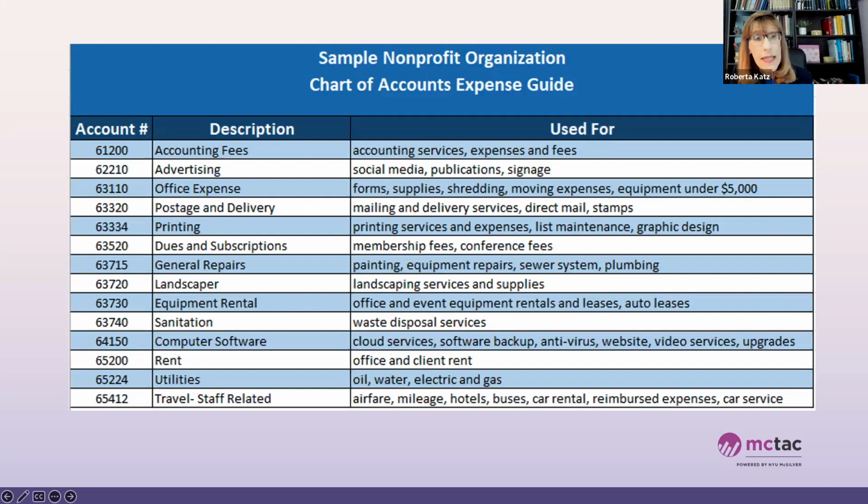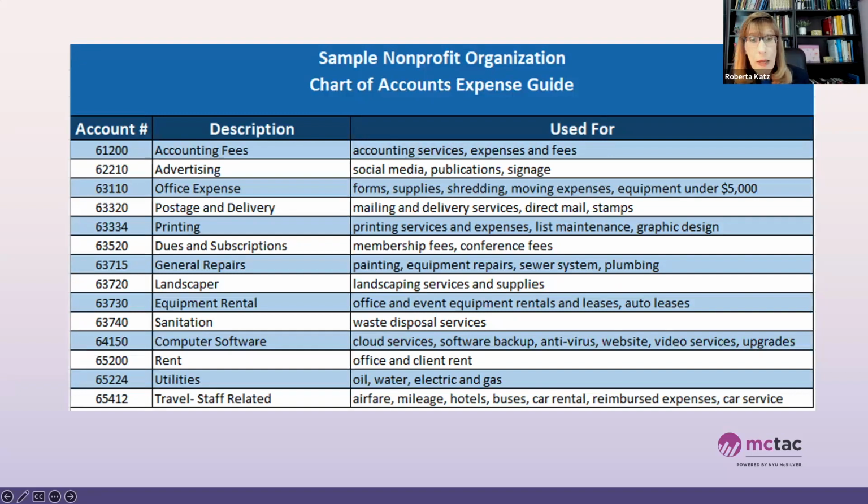The guide has the account number, and this is the account number that the finance department uses to classify expenses, a description of the account, and the commonly used expenses that these accounts are used for. So for example, account 63110 for office expense.